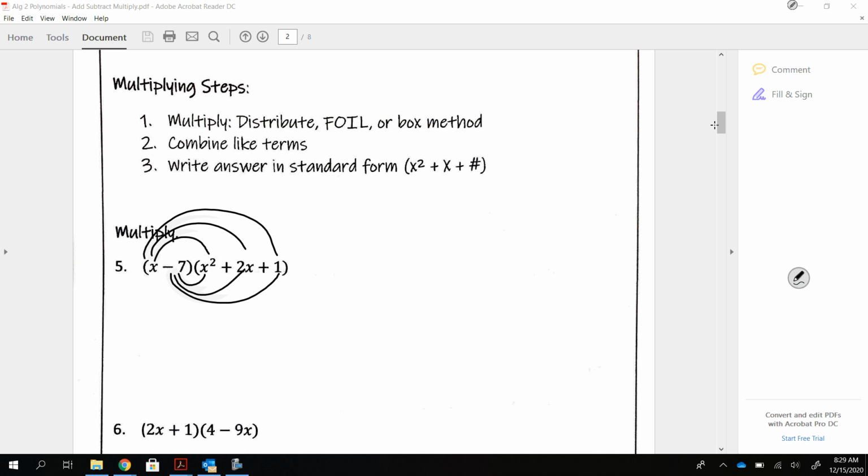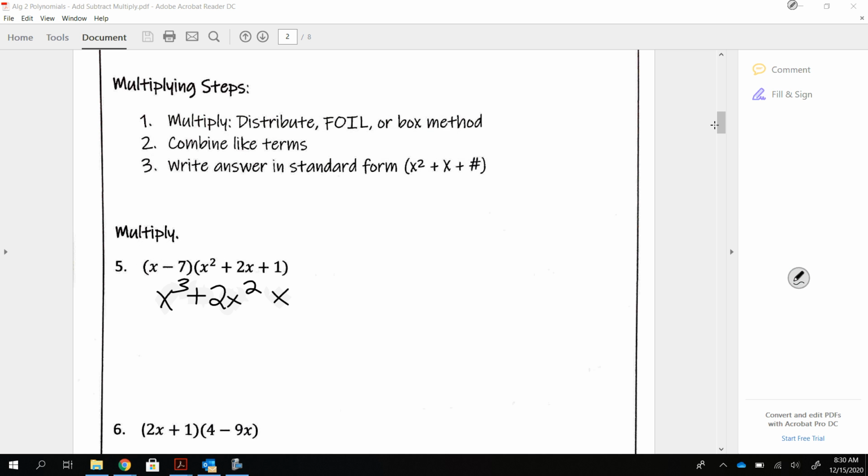Then step 3, we write our answer in standard form, which means the highest exponent first, all the way through. So again, let's do this. x times x^2 is x^3. That first one's already done. x times 2x is plus 2x^2. All right, and then x times 1 is x. The first part is already done. That's it.